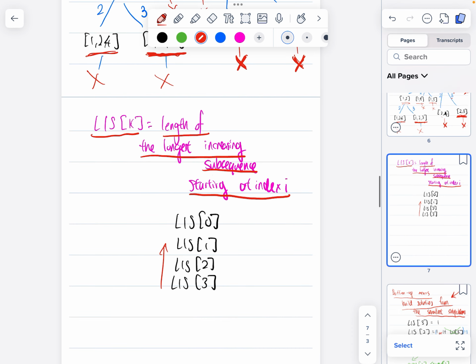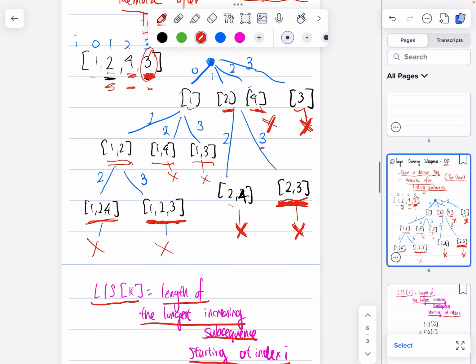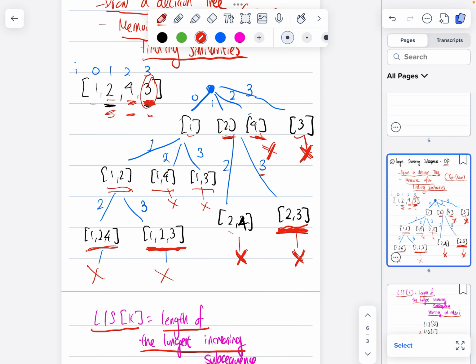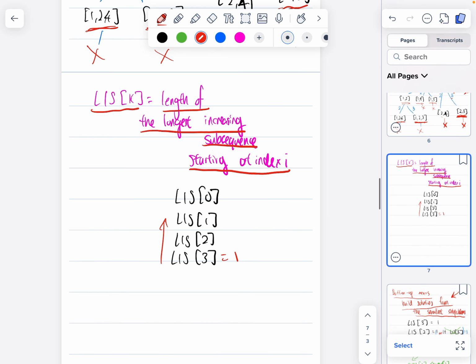Now, since we populated the decision tree, let's say we start at 4, the index 2. We want to find the longest increasing subsequence of 4 and 3. 3 is smaller than 4, so the longest subsequence that we have is just 4 itself. So that's why LIS of 2 is 1.